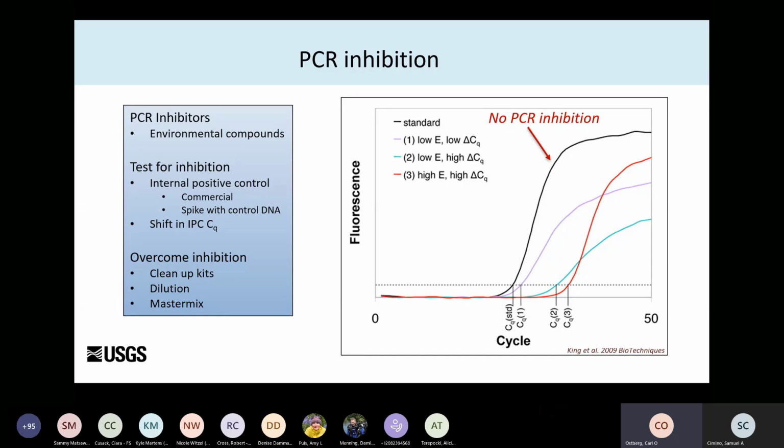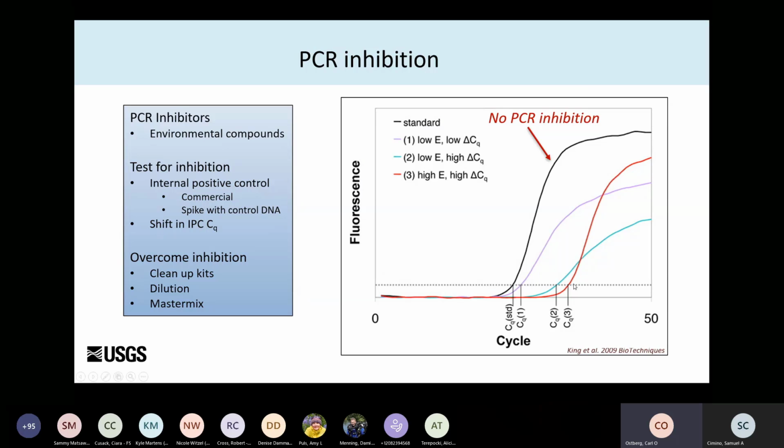An uninhibited internal positive control is expected to come up at a specific and consistent Cq. In the figure here, this black curve is a PCR that's uninhibited. The dashed line represents the fluorescence threshold, and inhibited PCRs are going to cross this fluorescence threshold at higher Cqs, or they may not cross at all.